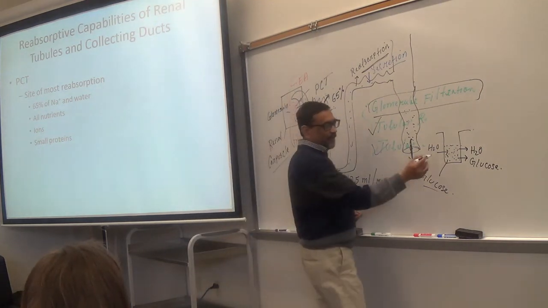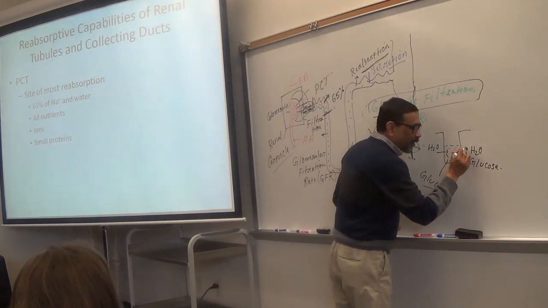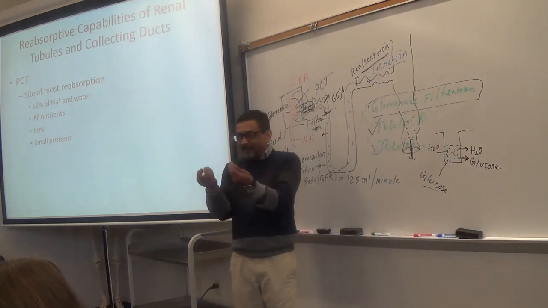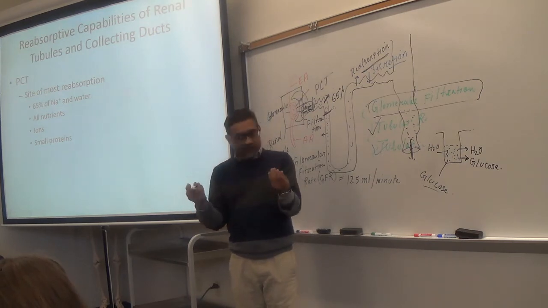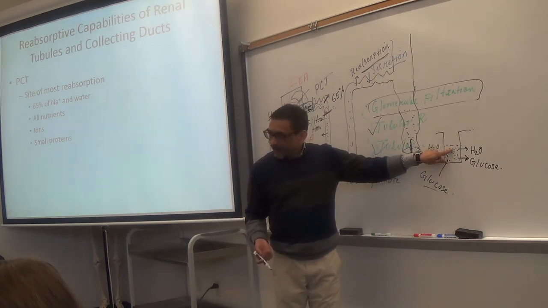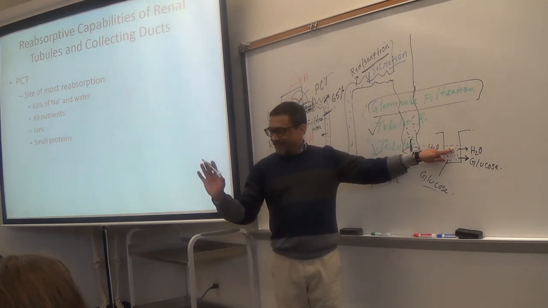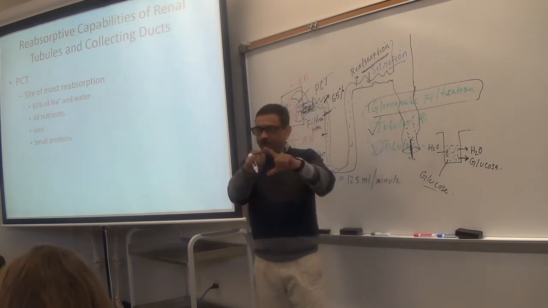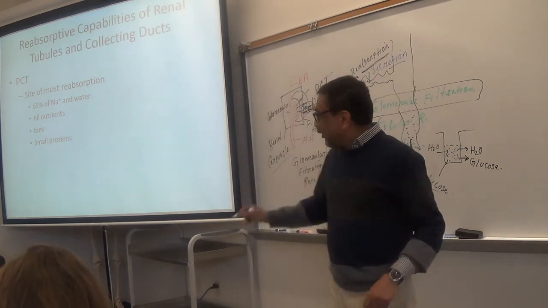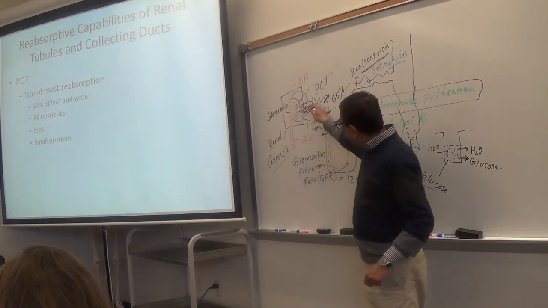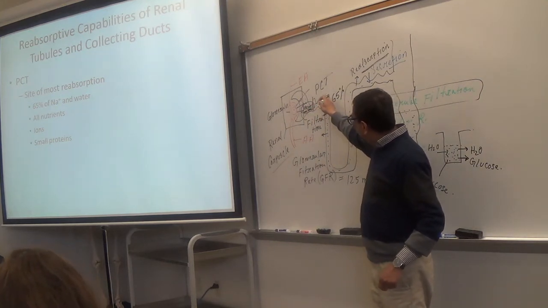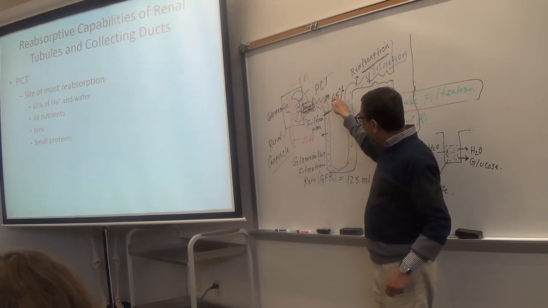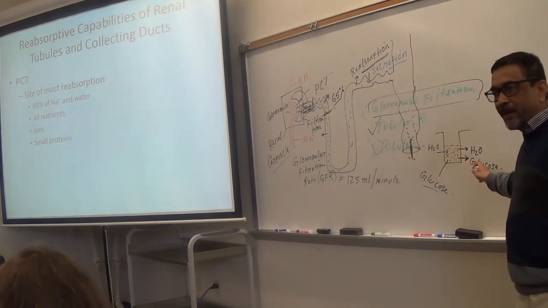Now you tell me, if I take water and glucose both out simultaneously and proportionately, then the volume will go down, right? But the concentration will remain same because I am taking both of them out, right? So glucose as well as water. Now here I said that everything gets out 65%. That means both water and solids.